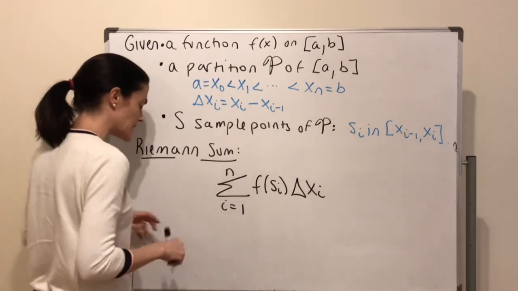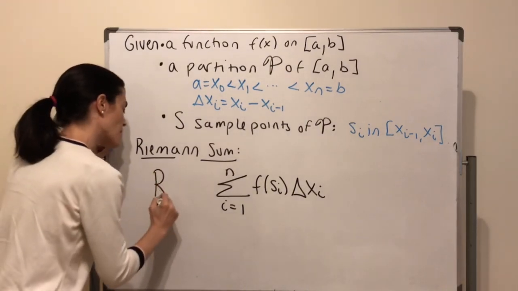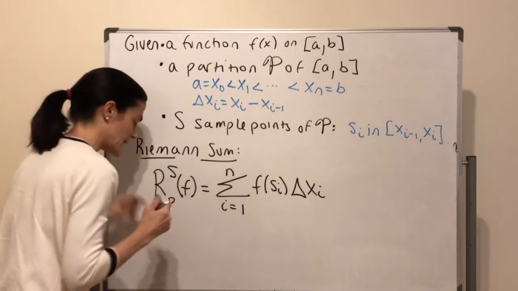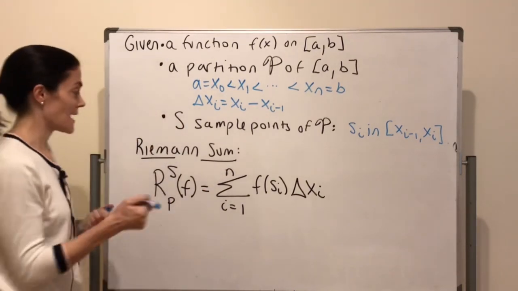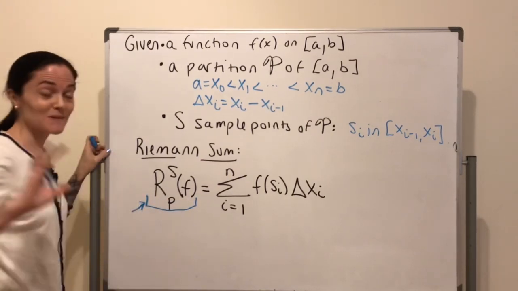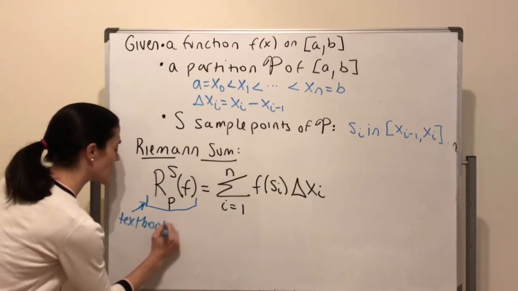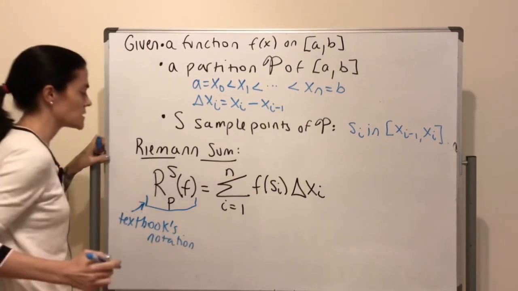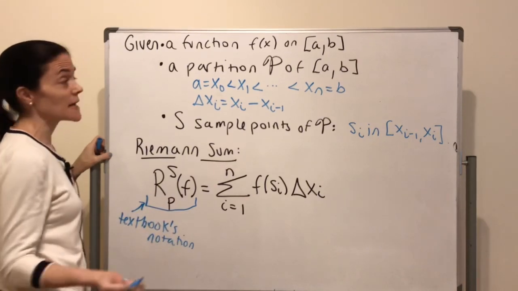Now the notation in our text is as follows. It's R, P, S of f. And this may or may not be in other texts, but we read our text and we work problems from our text. This is the textbook's notation. And one nice thing about the notation is in the notation we see sort of all three things we need for the Riemann sum.